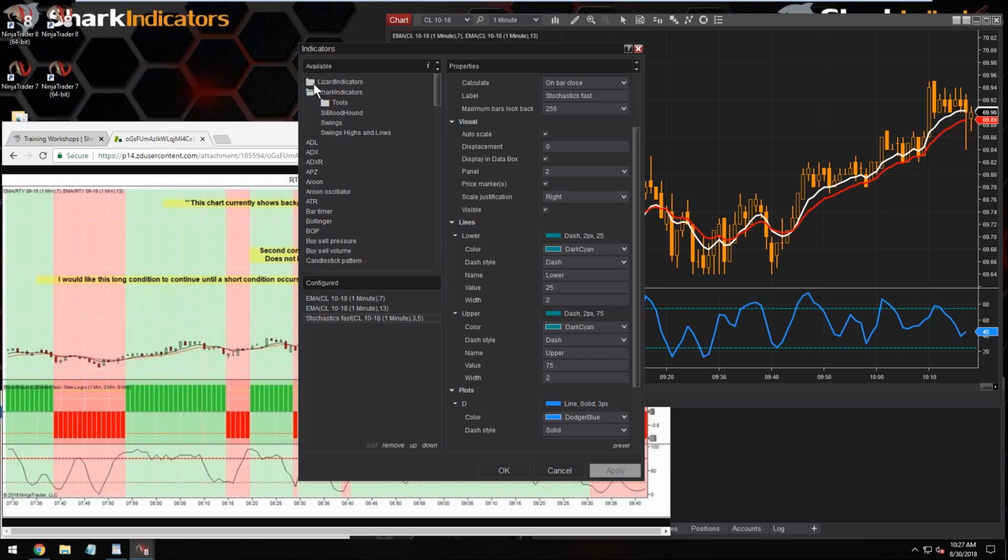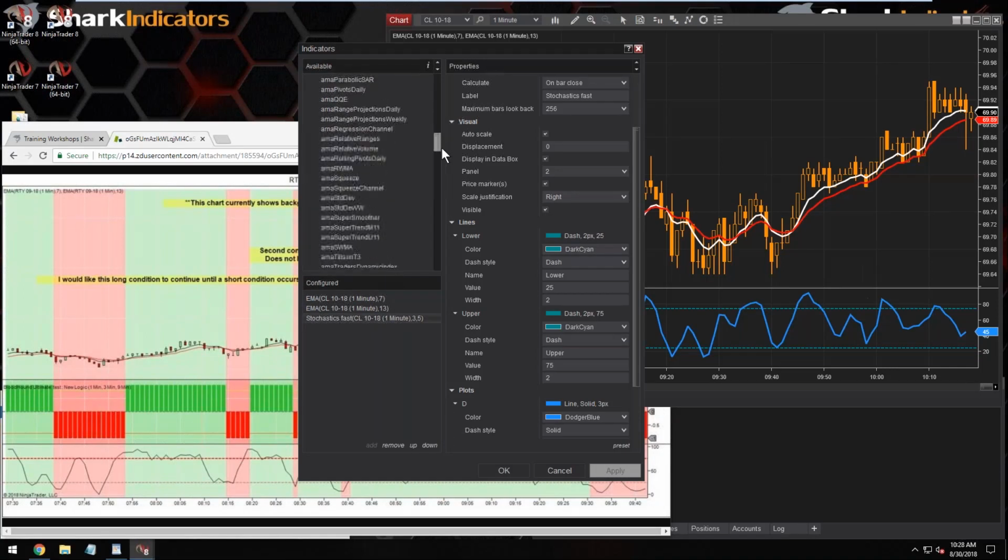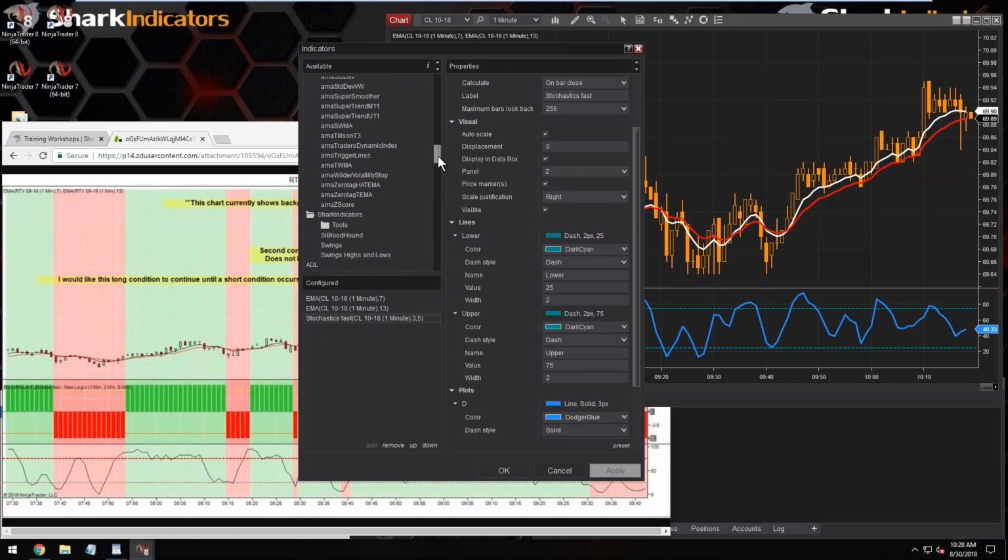I should have all the same LizardTrader indicators in Ninja 8 that I had in Ninja 7. LizardTrader makes a bunch of free indicators for Ninja 8.